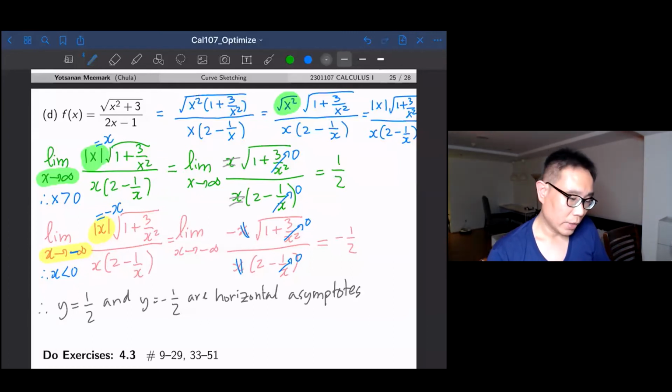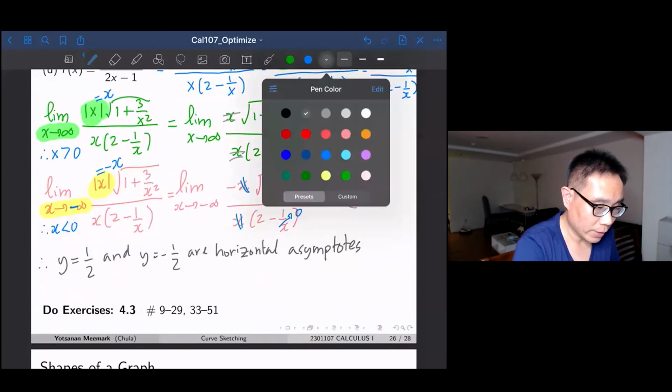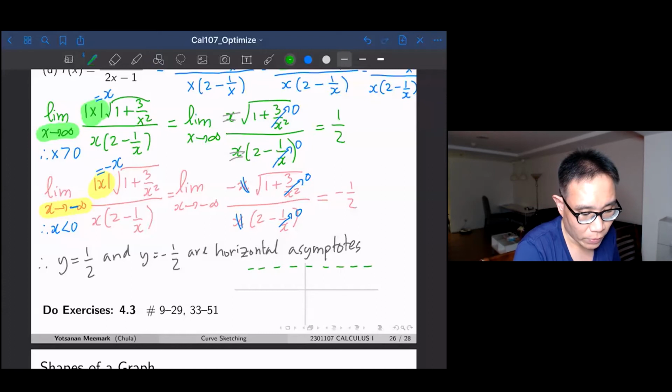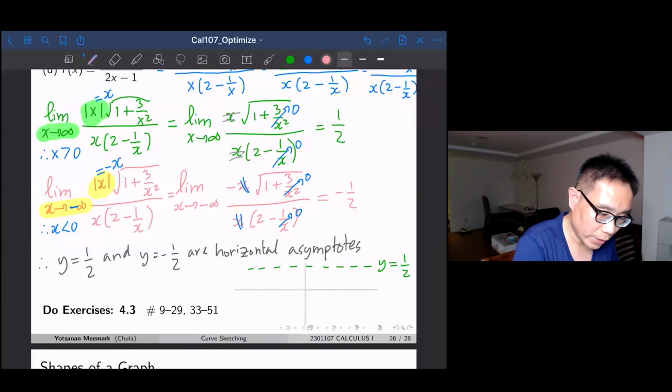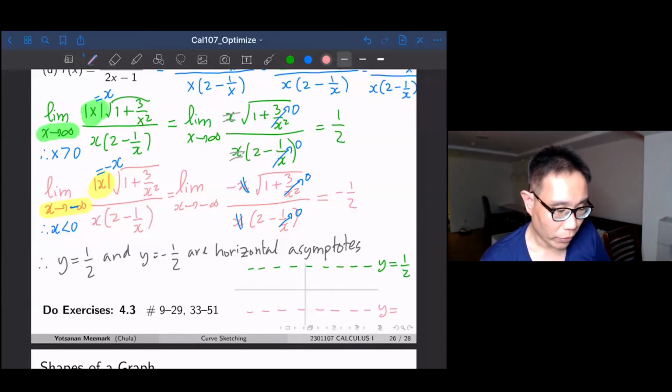If you take a look at the graph, if you graph this one out, you're going to see y equal to 1/2, which I'm going to draw with the green color, and y equal to negative 1/2, to be your two horizontal asymptotes.